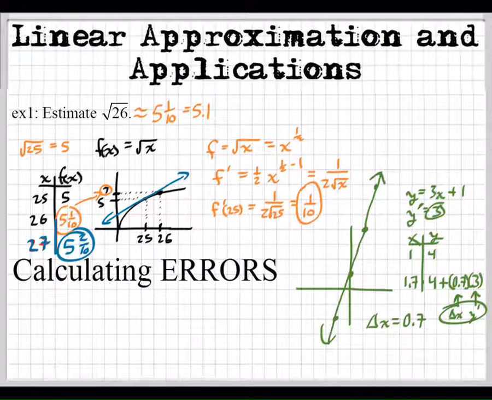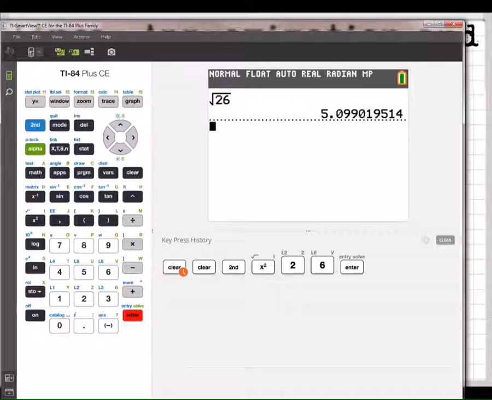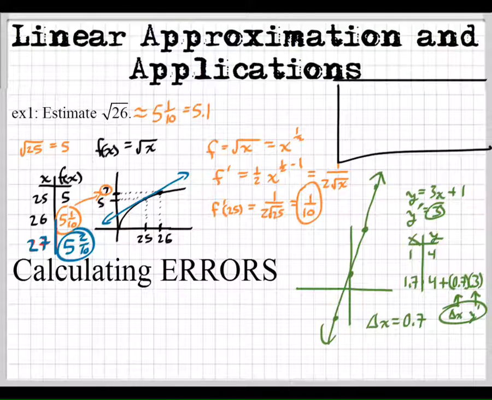So let's write some of these things down. If we were to estimate the change in y, now I'm putting f, but it's the same as y, all we need to do is take the derivative at the a. Now in our case, our 25 was the a.